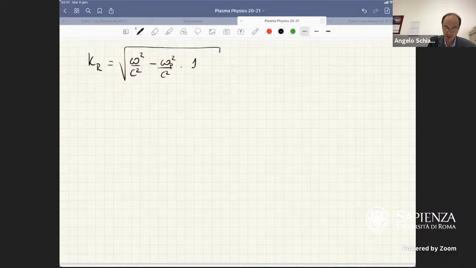So we put 1 here. So actually this becomes 1 over c times the square root of omega squared minus omega p squared. Okay.